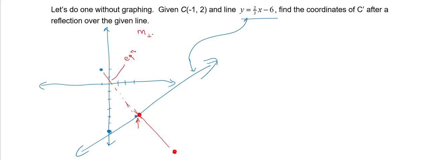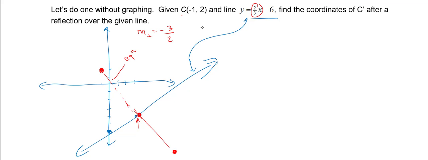So the slope of the perpendicular line is going to be -3/2, because this is +2/3. And I know it already goes through this point right here. So hey, I have a point and I have a slope. Now I can go ahead and put this red equation into point slope form.